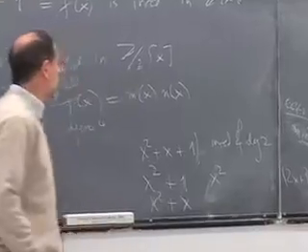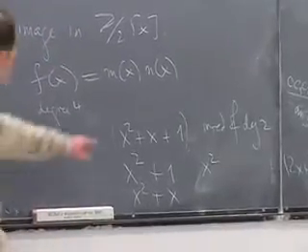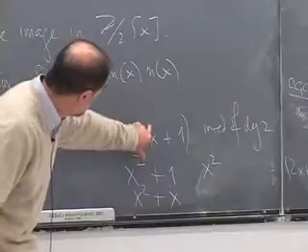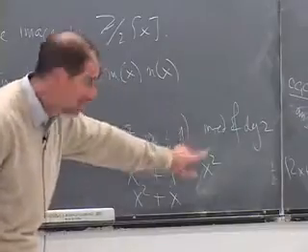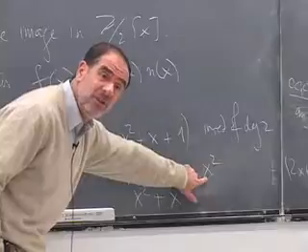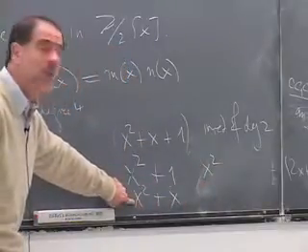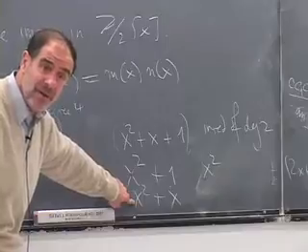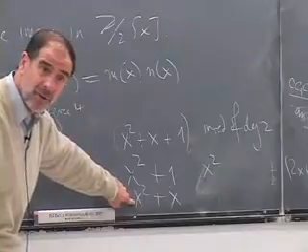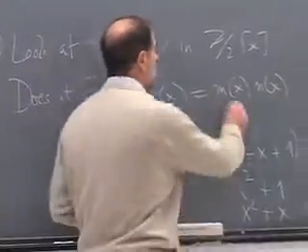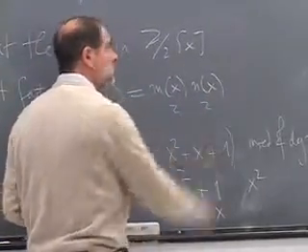Those are the 4 polynomials of degree 2 because it has to start off with the coefficient 1. So you have a choice of 0 or 1 here or 0 or 1 here. That's it. This clearly has a root, x equals 0. This clearly has a root, x equals 1. And this has a root, x equals 0 and x equals 1. So they're not irreducible. So if I factored, we already agreed it had no linear factors, so if it split 2 and 2, these would both have to be irreducible of degree 2.